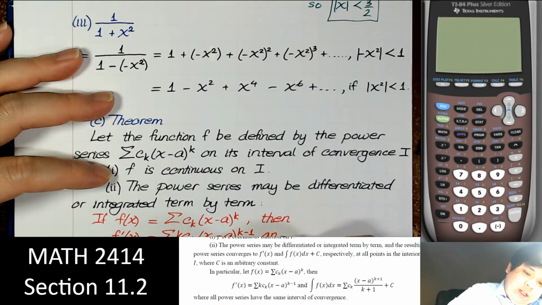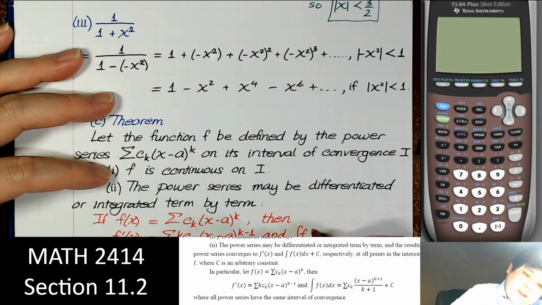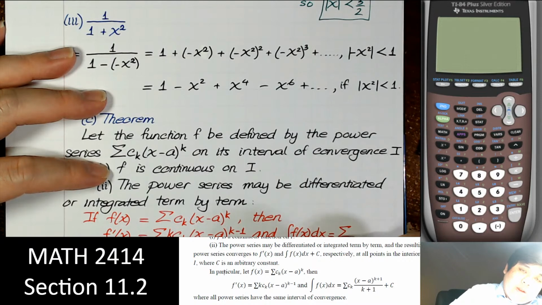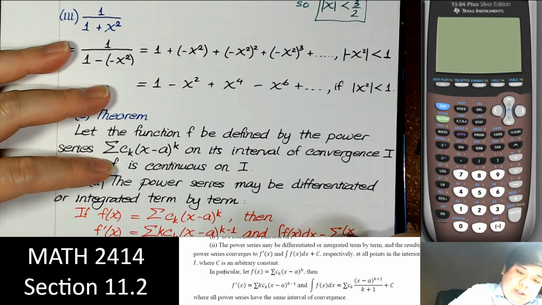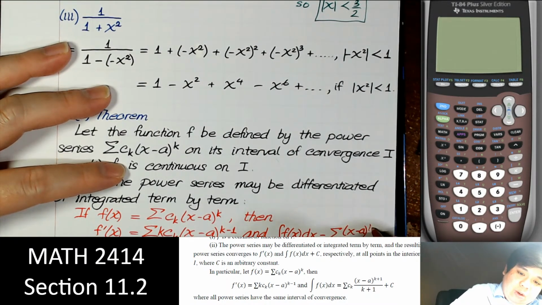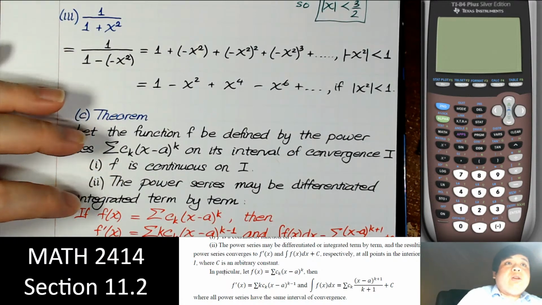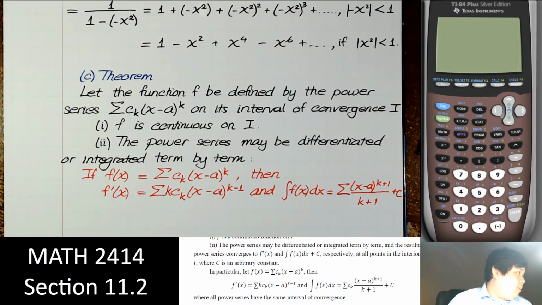And then we can integrate. X minus a to the k plus 1 over k plus 1. So we just integrate term by term.